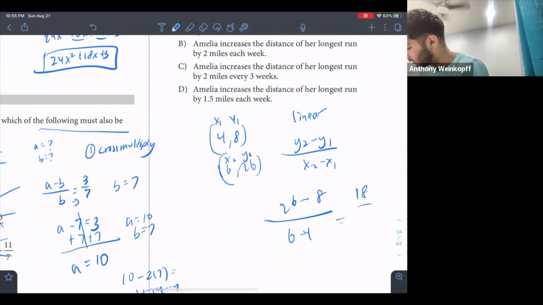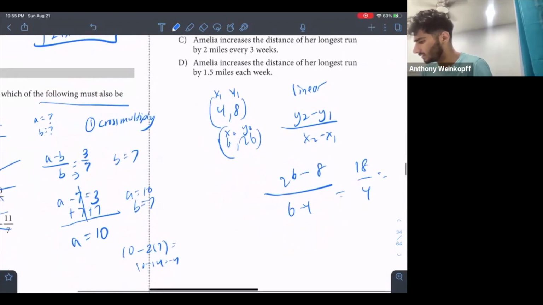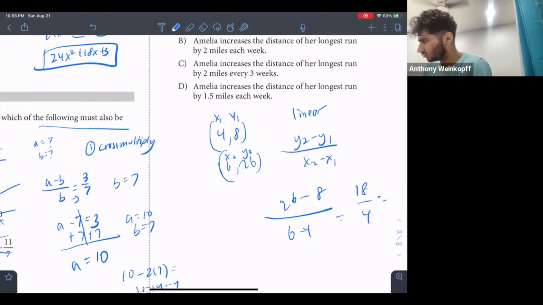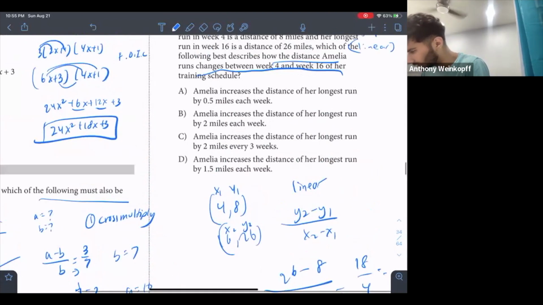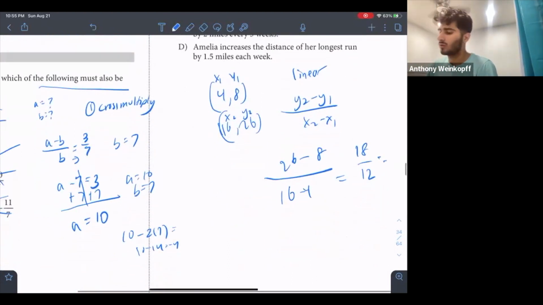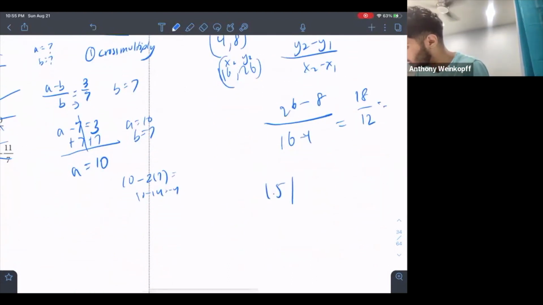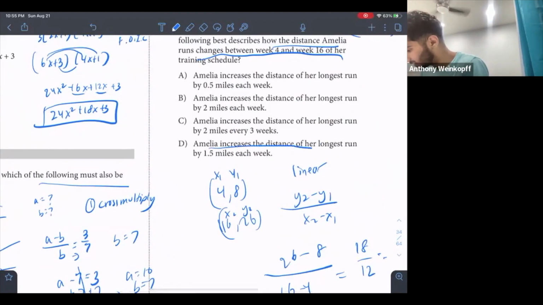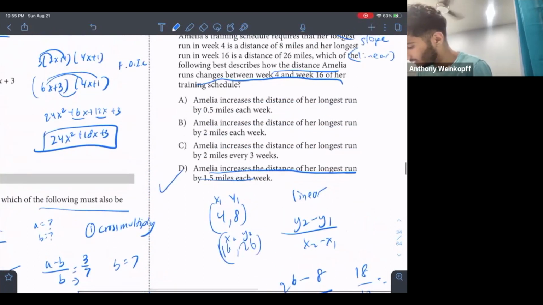So you get 18 over 12, which is 1.5 per week. It increases the distance longer, makes sense. Circle it. That makes sense.